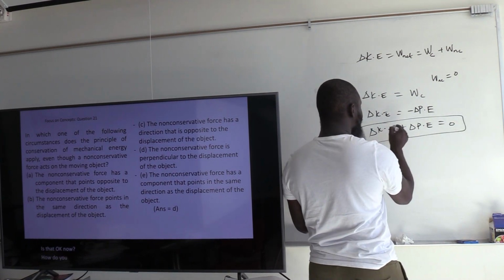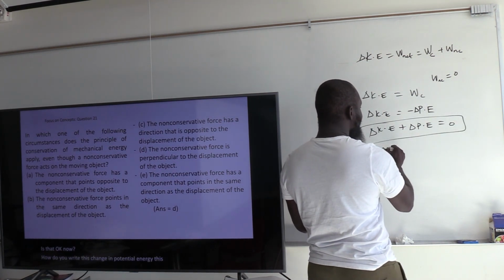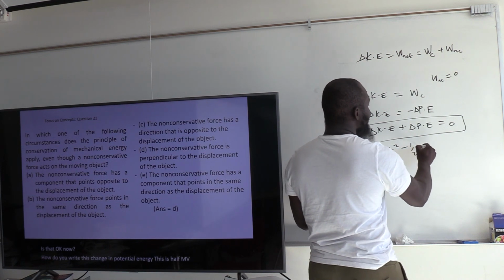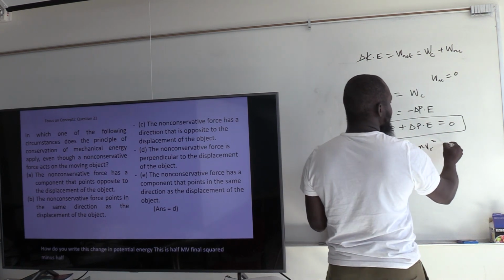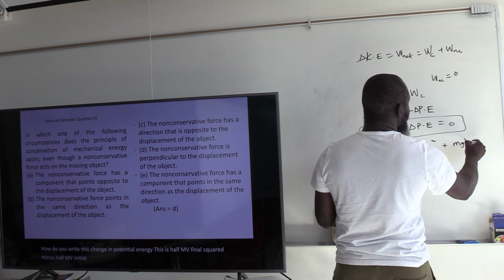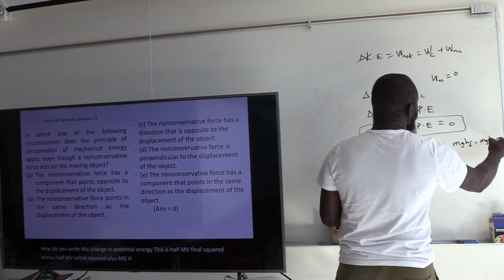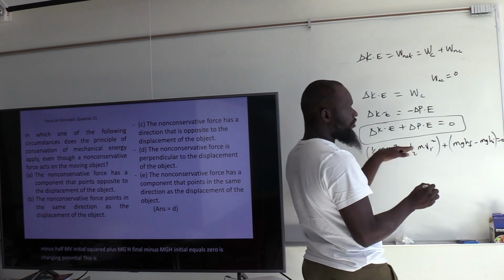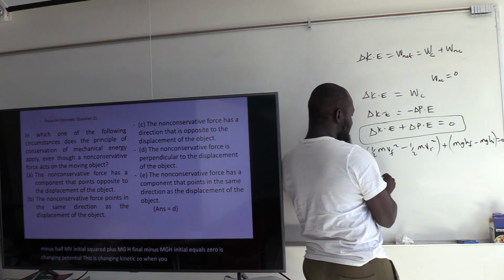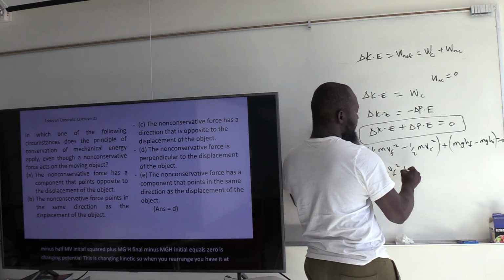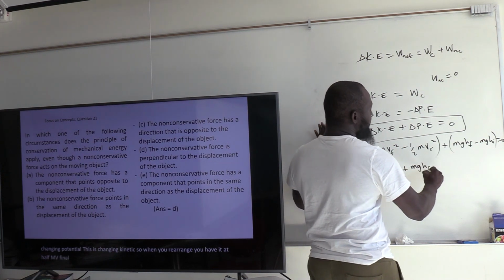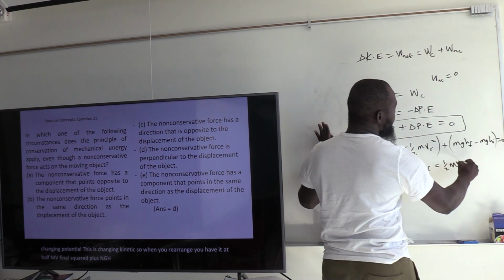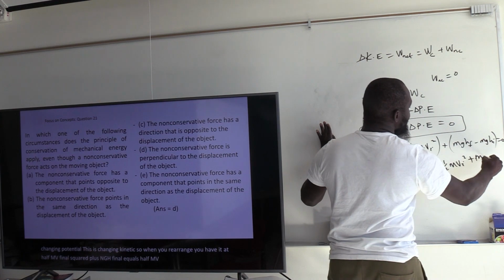Change in kinetic energy, half mv final squared minus half mv initial squared, plus change in potential, mgh final minus mgh initial, equals 0. So when you rearrange, half mv final squared plus mgh final equals half mv initial squared plus mgh initial.